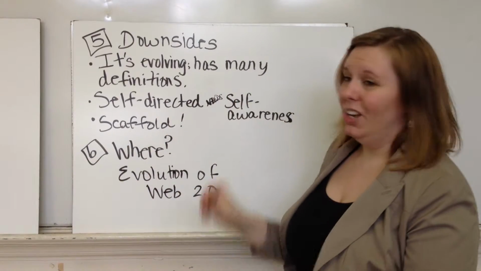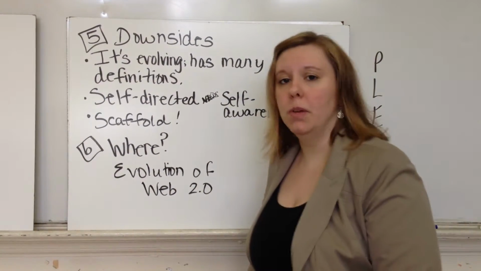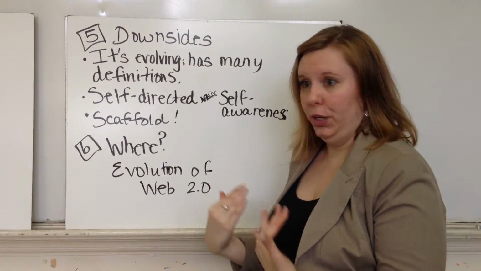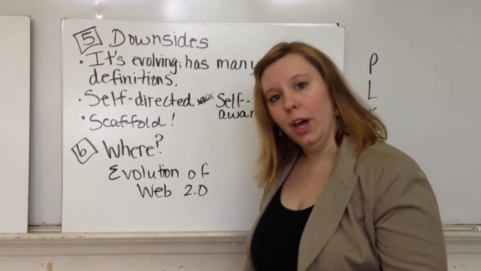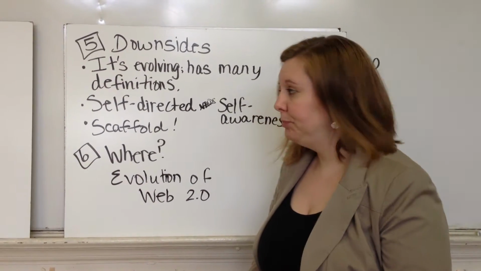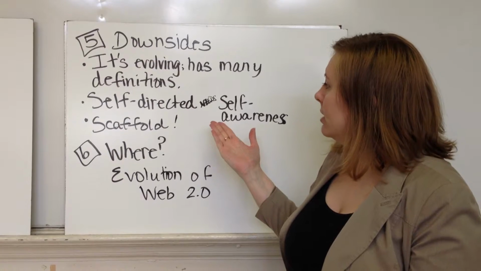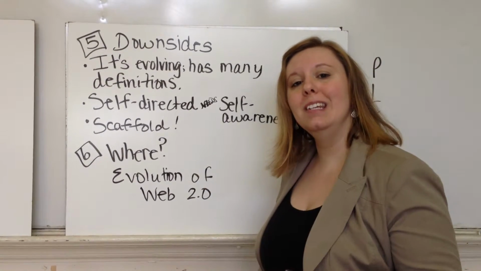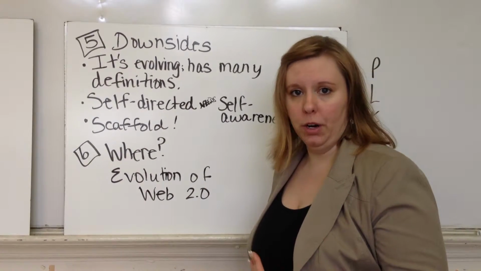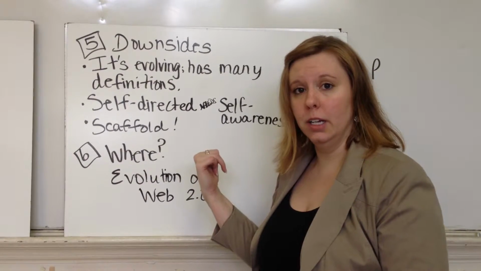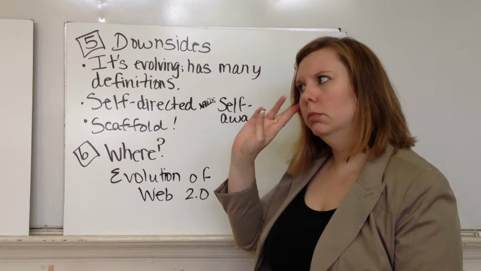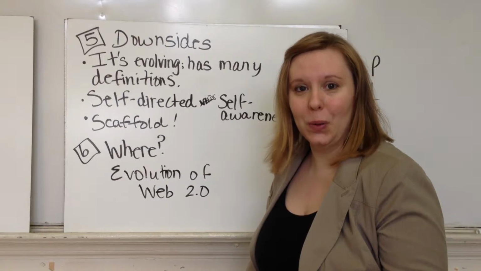Okay, there are downsides. It's evolving and has many definitions. So what you're hearing here from me might be different than what you've read and the research that you've already done. It's self-directed, but if your student does not have a sense of self-awareness, they can't do the self-directed. They don't understand that there are consequences to not doing your homework on time.